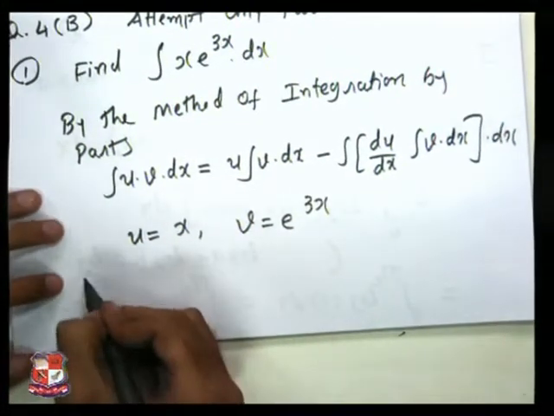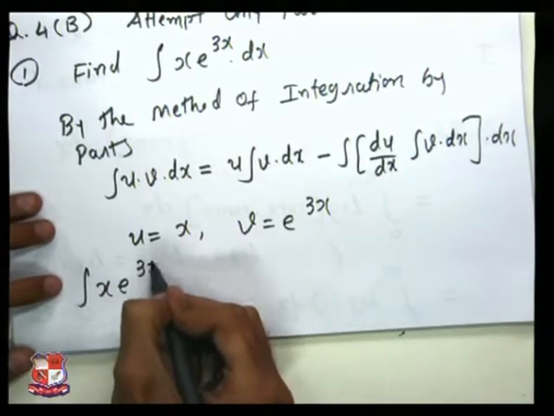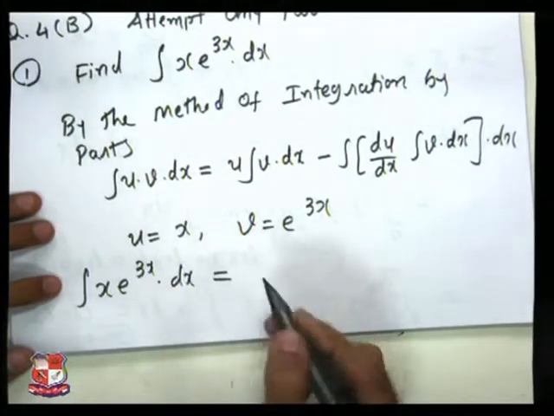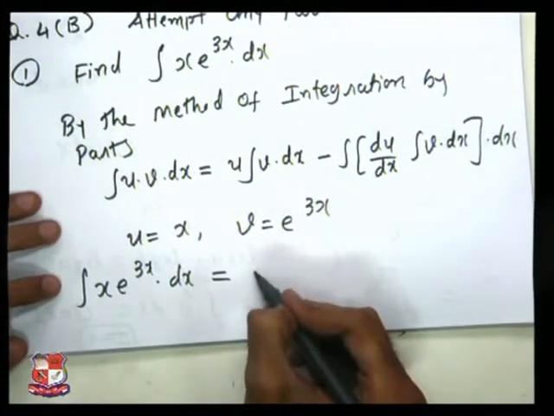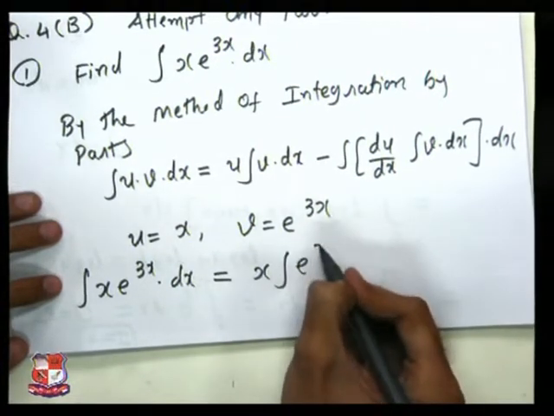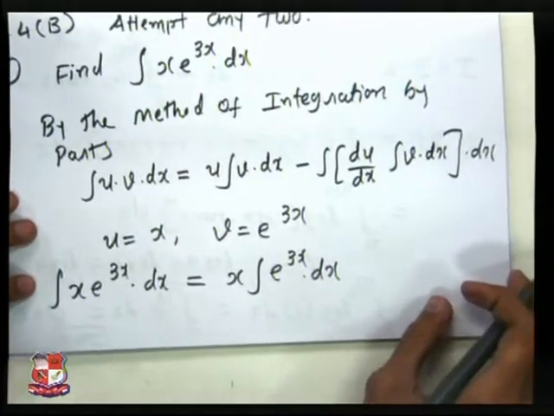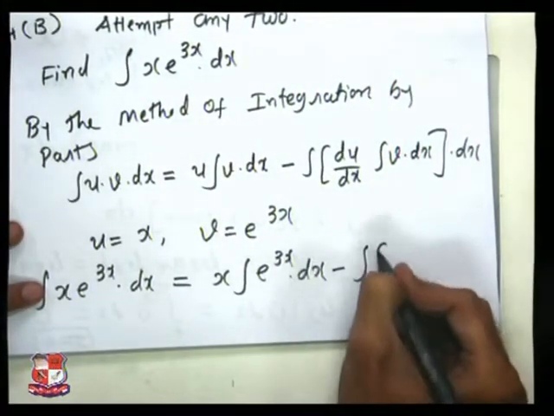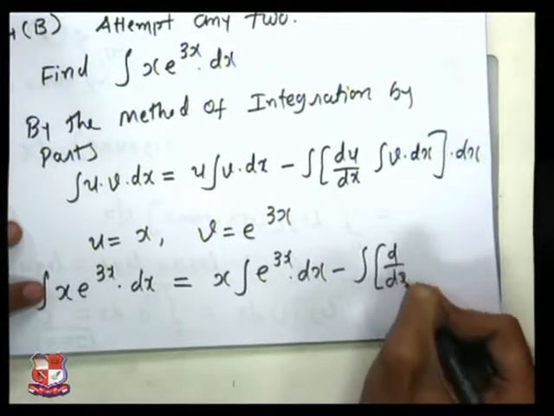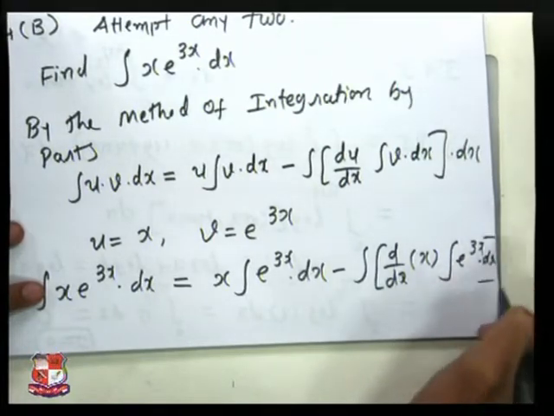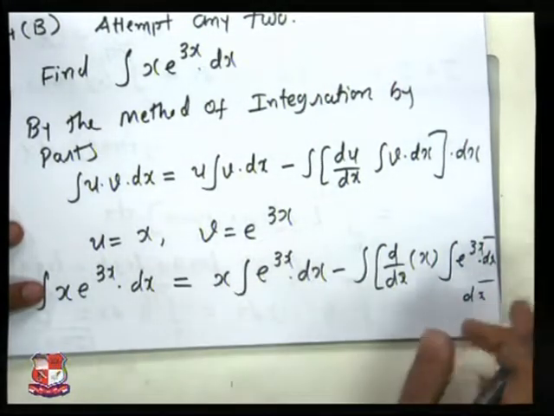So we will get the integration of x into e raised to 3x dx is equal to u, that is x, into the integration of e raised to 3x dx, minus the integration of (the differentiation of x into the integration of e raised to 3x dx) dx.